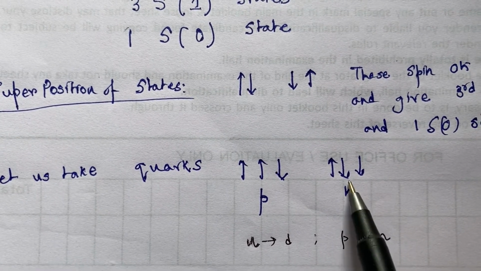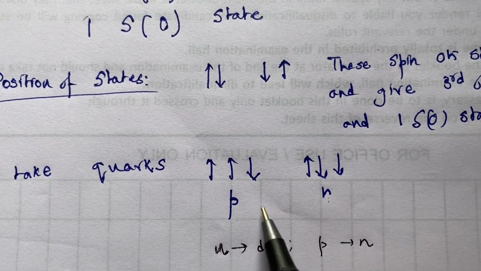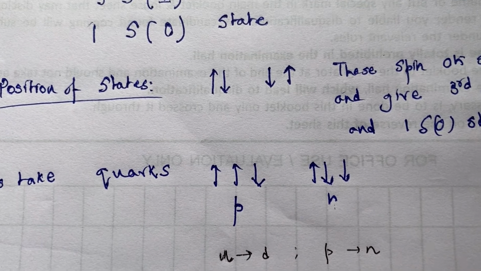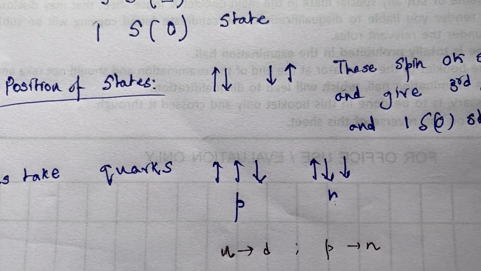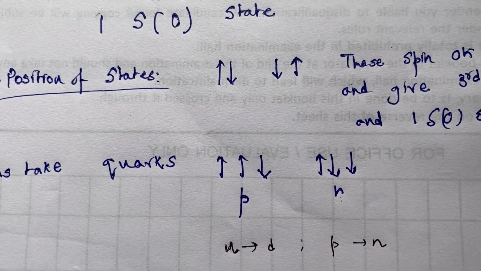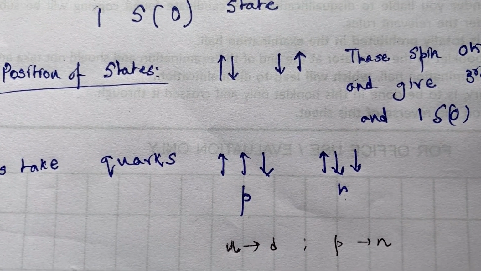Now neutron has 2 down and 1 up quark. During the conversion process from proton to neutron, this reaction has been going on inside the sun for 5.5 billion years, and it will continue for another 5.5 billion years.